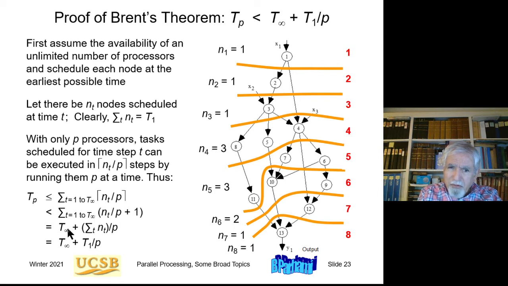So that 1 gives me T infinity. And then T over P will be the sum of Nt divided by P. But the sum of Nt, the sum of the number of nodes in different layers, is basically the total number of nodes. So that's T1. So that's the proof of Brent's scheduling theorem, that TP, the running time of this naive scheduling algorithm, is actually strictly less than T infinity plus T1 over P.